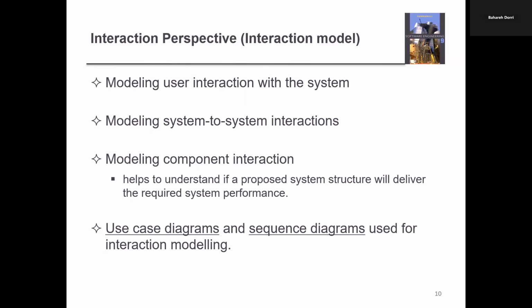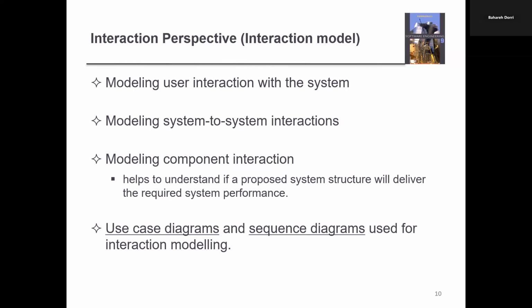Then there is component interaction, which dives deeper into how different parts of the same system talk to each other. This is important during system design because it helps us figure out whether the proposed structure will actually support the performance and behavior we need. If components aren't interacting properly, the whole system might become inefficient or prone to errors.